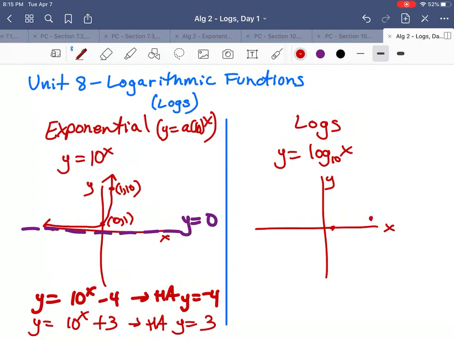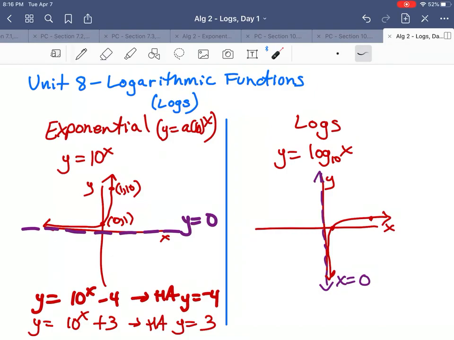Your y equals 0, that was your horizontal asymptote, is now a vertical asymptote. So there's a vertical asymptote at x equals 0 instead of y equals 0. My log function looks like this. It comes across here, and it goes down right next to the asymptote, just like the exponential came next to its asymptote.